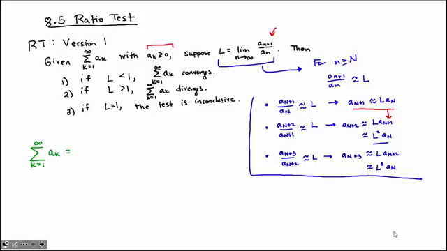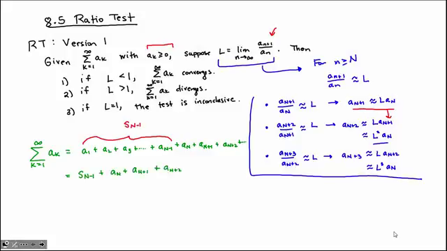The sum from k equals 1 to infinity of a_k is a_1 plus a_2 plus a_3, etc., up to the N minus 1 term, and then we get the Nth term, the N plus 1 term, the N plus 2 term, etc. Now the first N minus 1 terms are the partial sum S_(N-1). And then we still have the remaining terms.